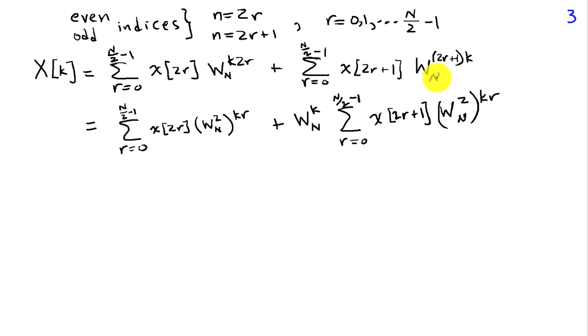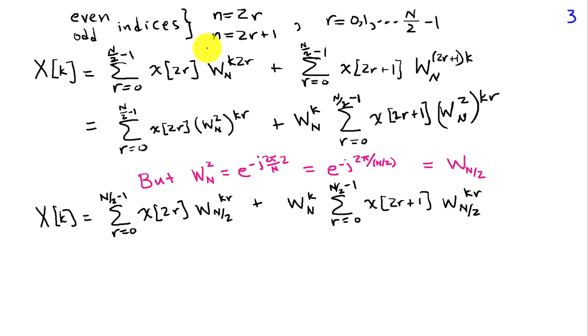So I have W sub N to the 1 times k. We'll pull that out front of the sum. And then we'll also recognize that W sub N to the k times 2 times r is just W sub N squared, whole thing raised to the kr power.